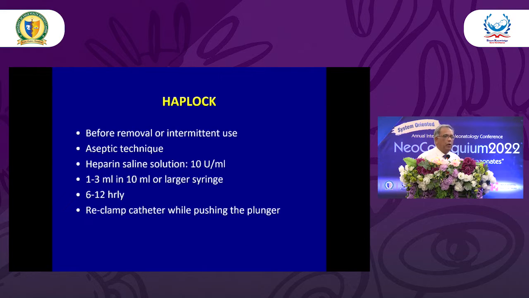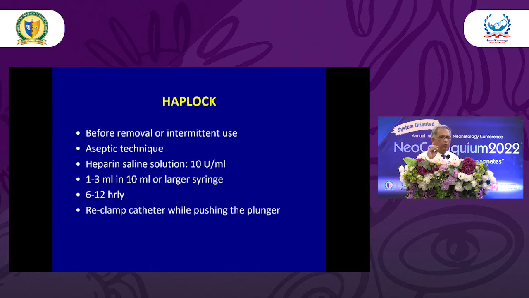Heplock means heparin lock. Say, for example, for 10-15 days you have used a long line, and now you don't intend to use it further, but you will not take off the line on the same day. You will heplock it.